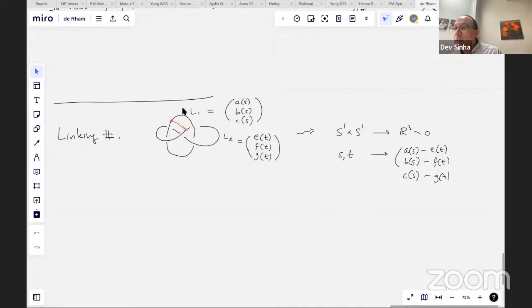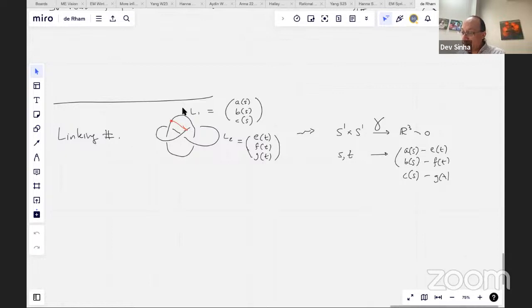Okay, so let's pull back this standard volume form. I'm going to call this map gamma, for Gauss map.